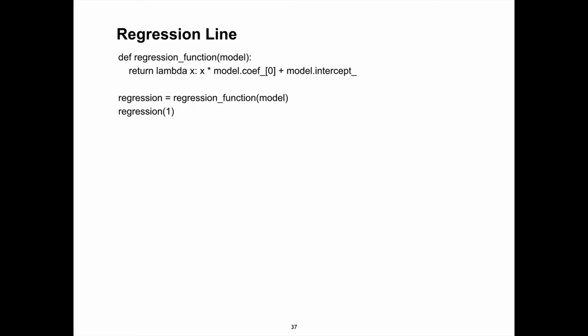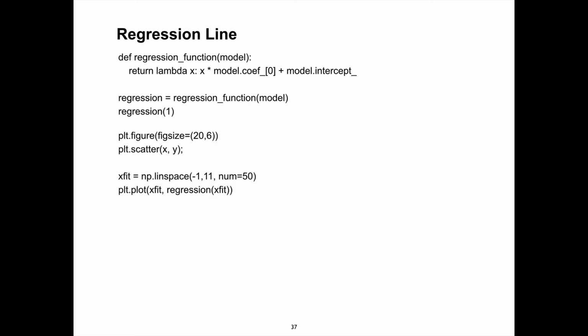And so literally what I can do is create a function which I pass in the model, and it grabs out the coefficient and intercept and returns a lambda, which basically is that function.